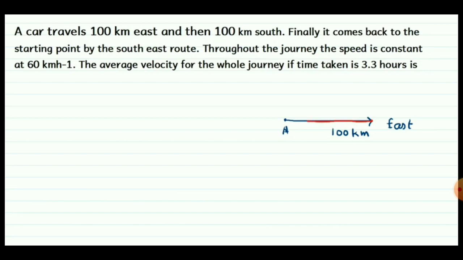So I am moving in the opposite direction this time, reaching A again, traveling the same distance of 100 kilometer, but this time my direction is opposite. Correct? Throughout the journey, the speed is constant at 60 kilometer per hour. And the average velocity for the whole journey is to be found.